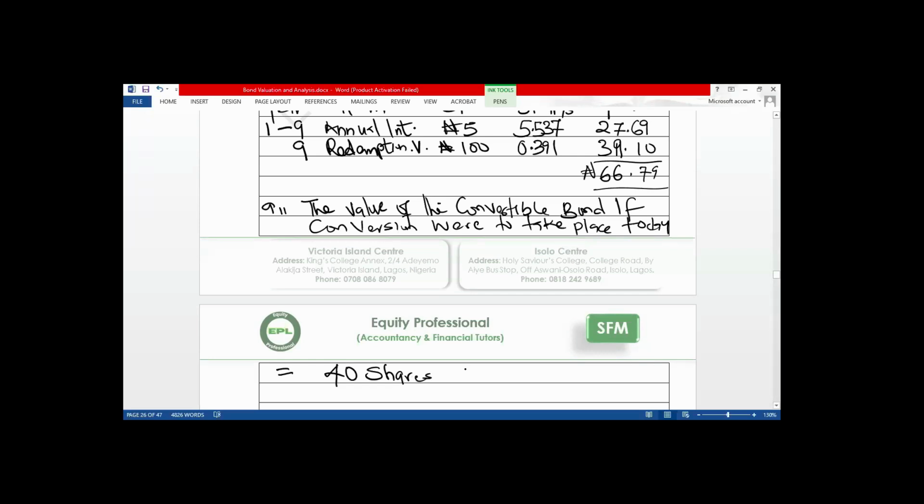Multiply by price per share. 40 multiplied by 1.6 would be 64 naira. If the conversion was to happen today, the conversion value will be worth 64 naira as of today.